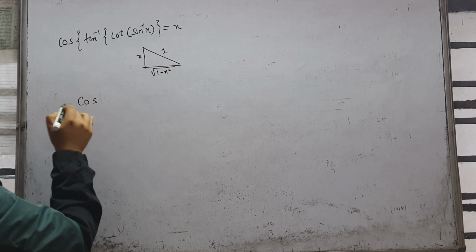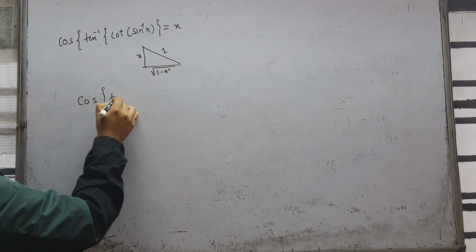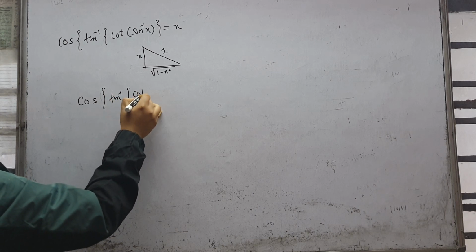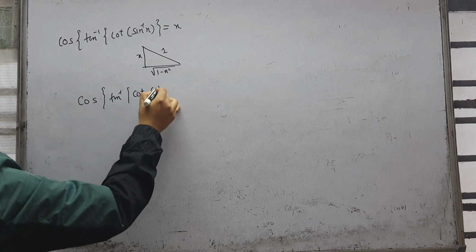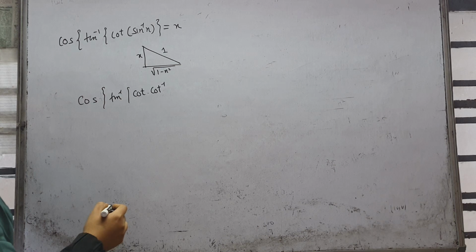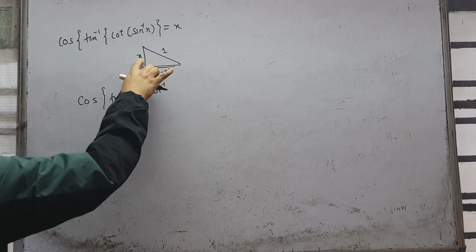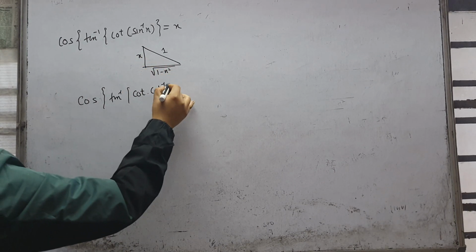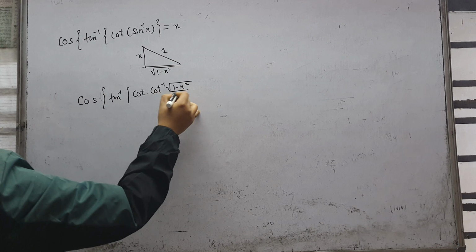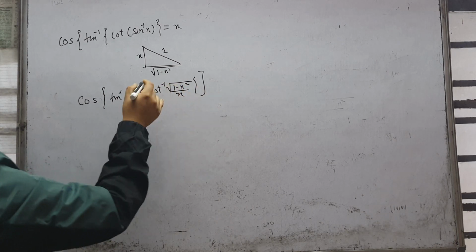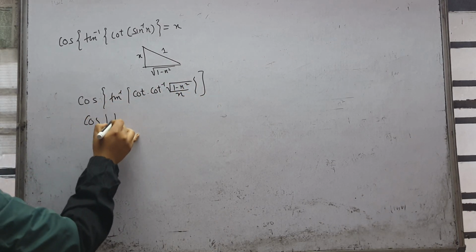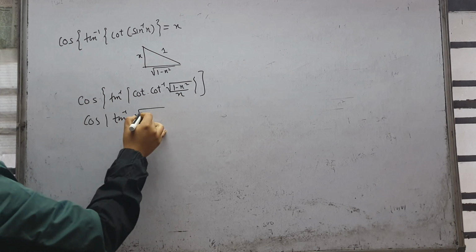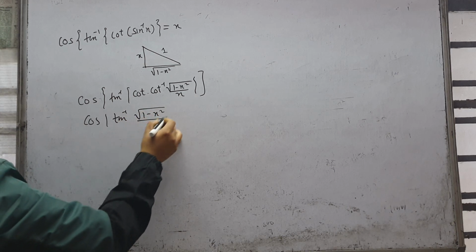So I can write this as cos, tan inverse cot. So this is sine, so this can also be written as cot inverse of root 1 minus x square by x. So cot and cot get cancelled, so you are left with tan inverse of root 1 minus x square by x.